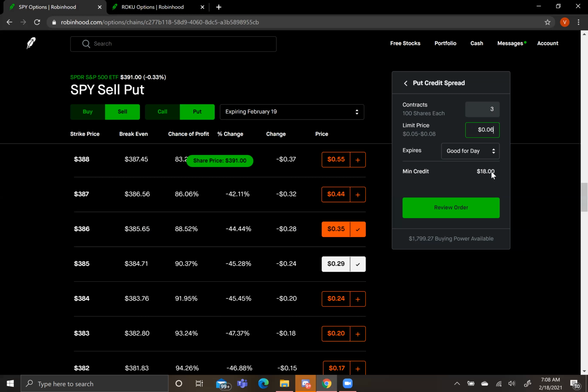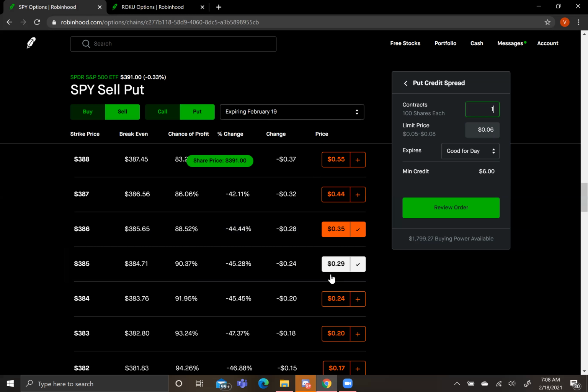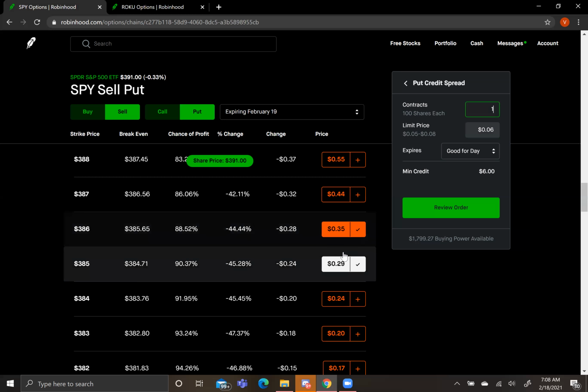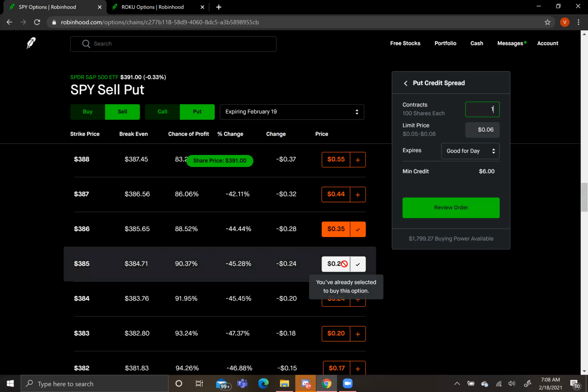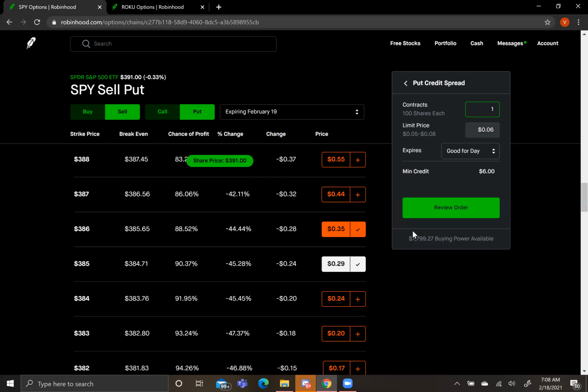So for one contract, if it's showing us $6, and let's say Friday morning the difference between these two numbers is showing us $2. If you want to sell out Friday morning at that price, you have to give them $2 back from your buying power to Robinhood. So $6 is what you got initially, and then you gave them back $2, so you made a profit of $4.